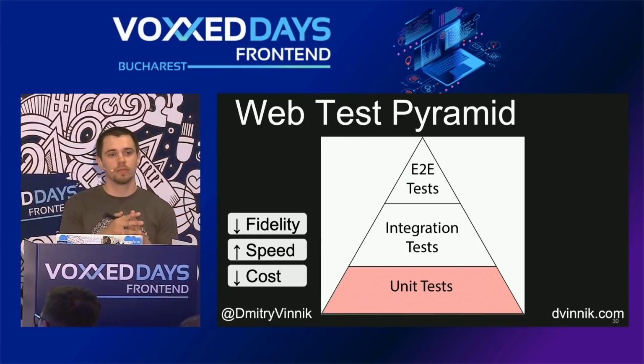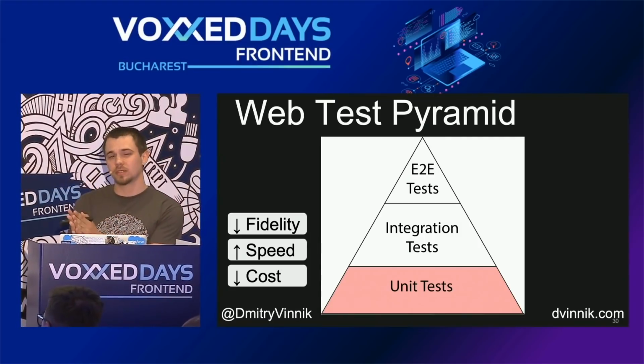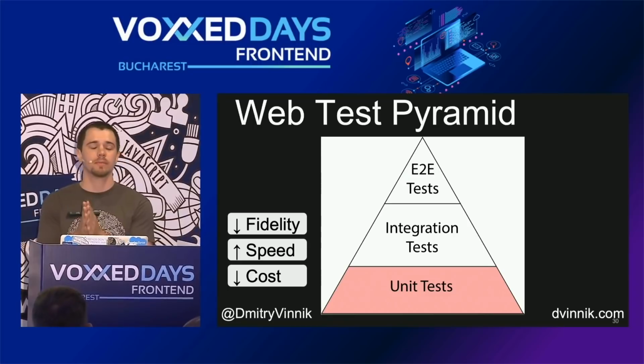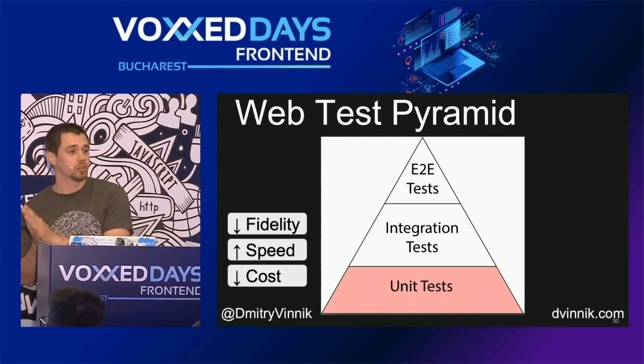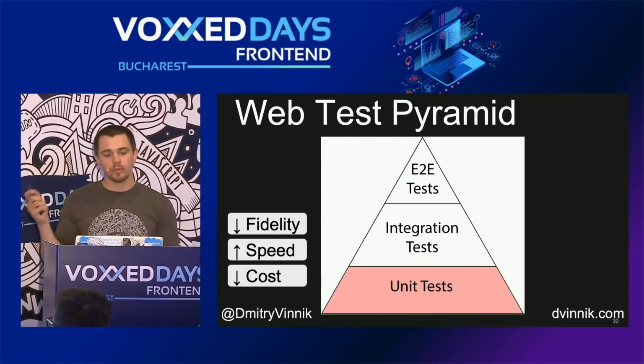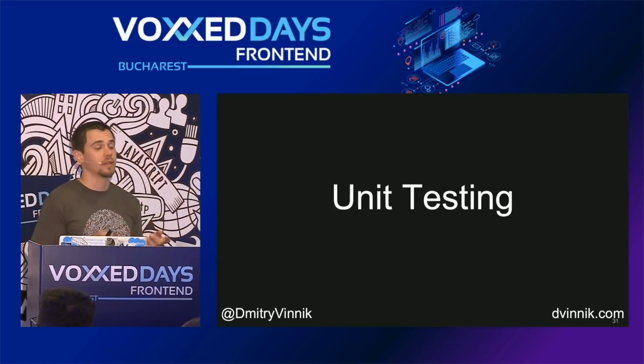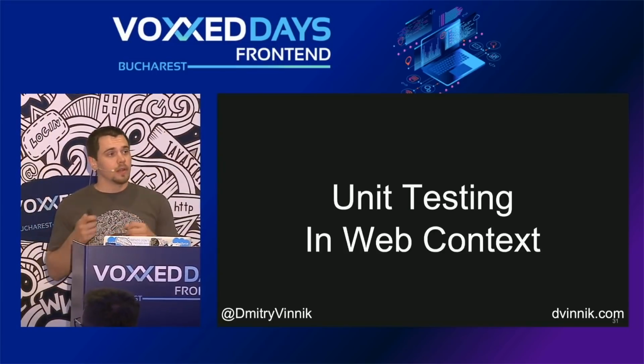So acknowledging the testing of the web and keeping it user-centric, but don't just try simply end-to-end regression suites. And that's why we will start by highlighting unit testing, particularly in the web context.